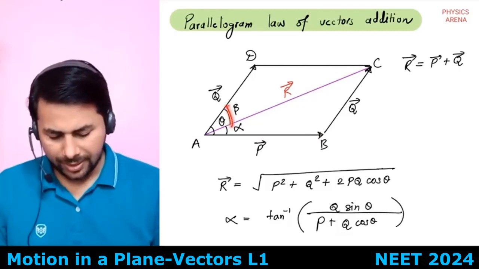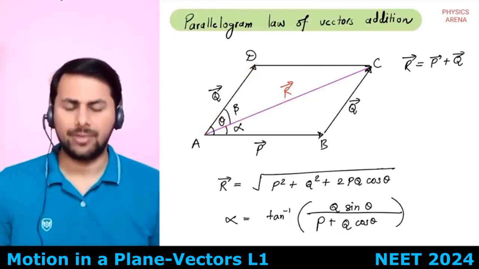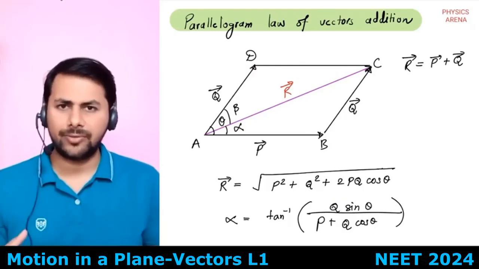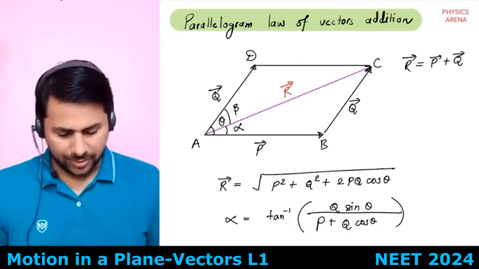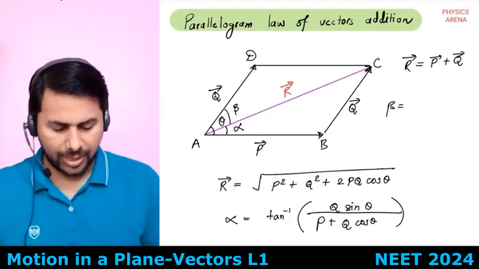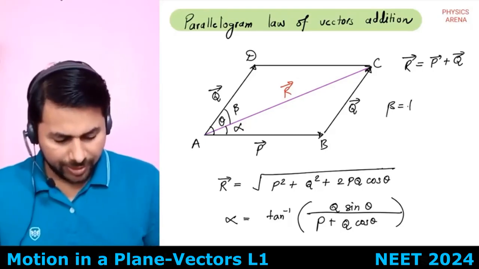Beta is the angle between the second vector and r bar. So what's the difficulty? Just replace first by second, second by first. If I know the formula for alpha, I can find out beta also.